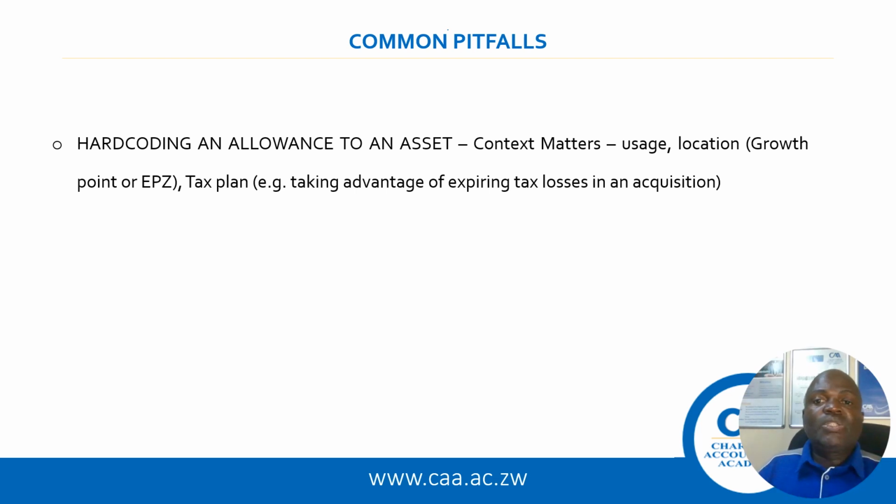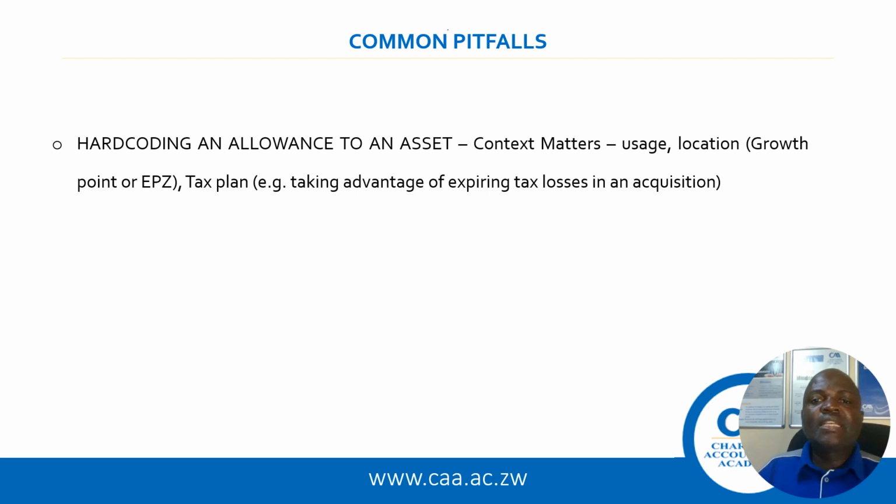There are other context issues like what is the asset being used for, and what is the location. The location of a building can change it from being a commercial building to an industrial building. So for instance, growth points, there are issues around treatment of capital assets in an export processing zone.